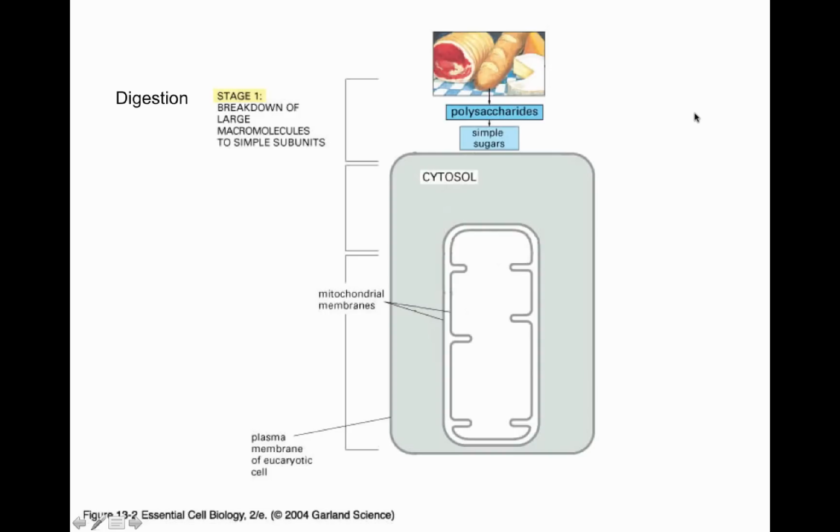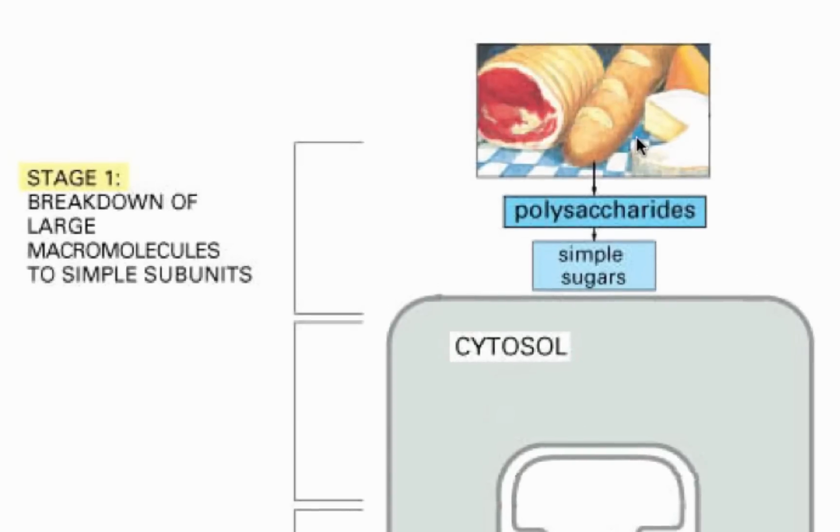at an Italian restaurant, those carbohydrates are found as complex polysaccharides, such as starch. During digestion, those complex polysaccharides will be broken down into simple sugars, like glucose.